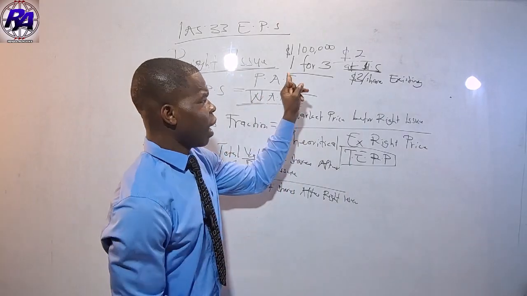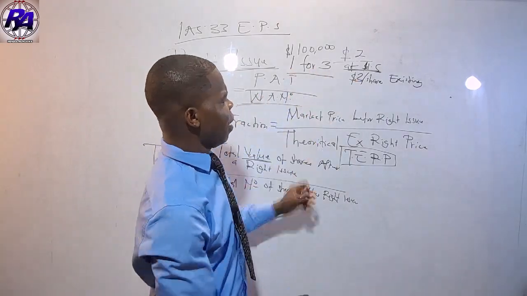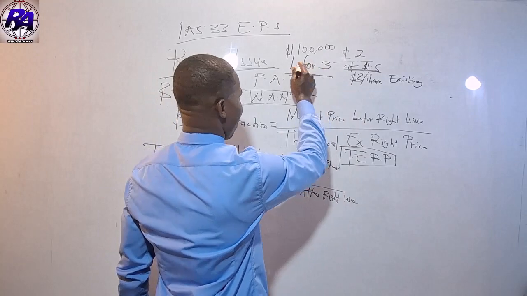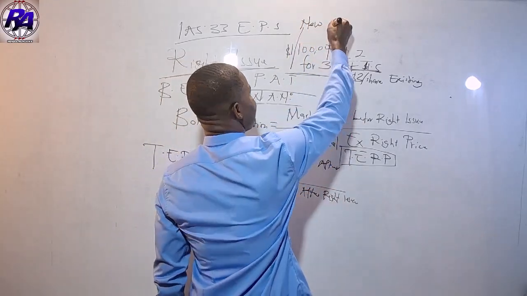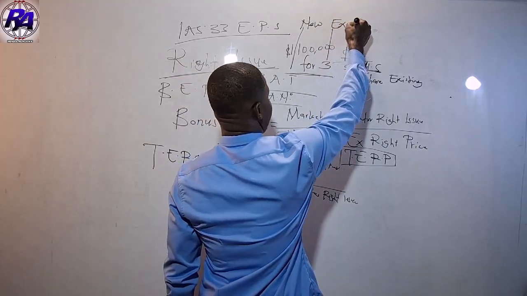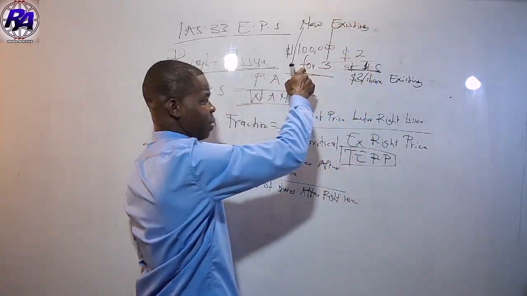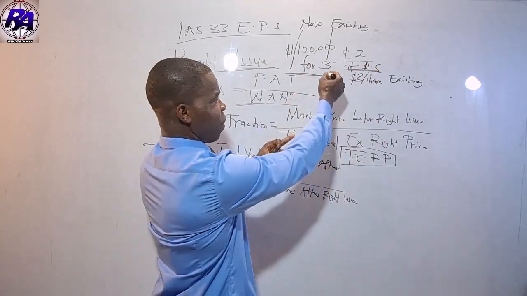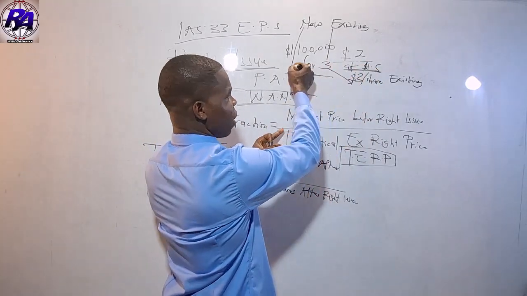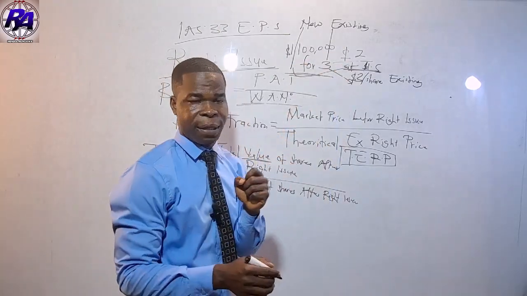Now look at this. This is 1 for 3. Anytime you see such situations, 1 for 3, the first number is always the new and the second is the existing. So in this case, the 3 will go for the existing, while the 1 will go for the new price.